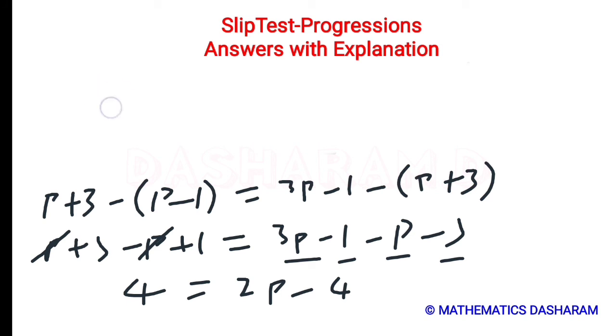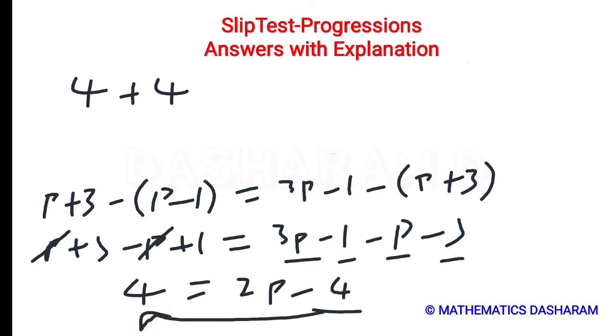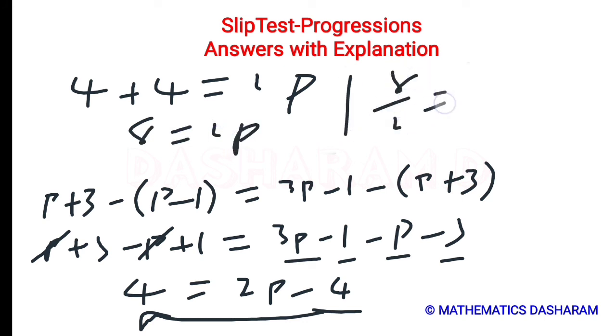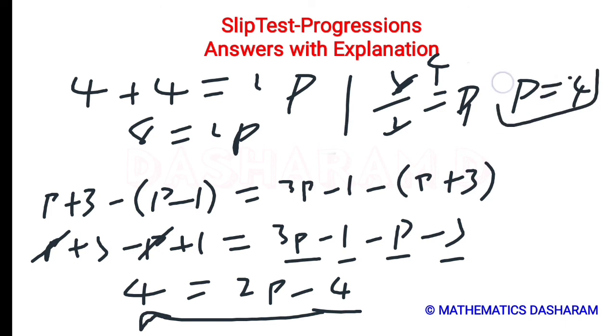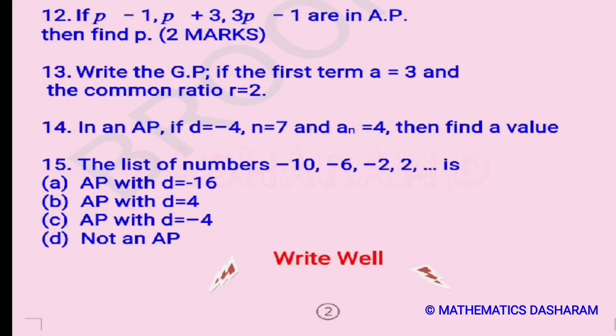So now 4 plus 4, here minus 4 is transposed to the left side, so it equals 2p. So 8 equals 2p, then 8 by 2 is 4. So the p value is 4, that is the answer.